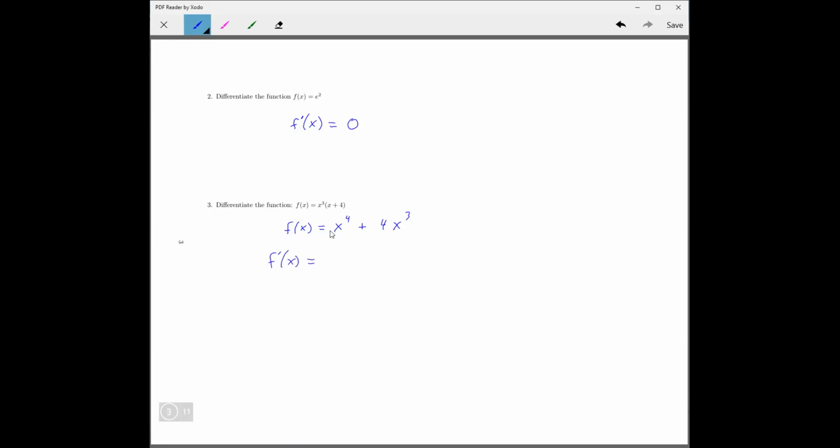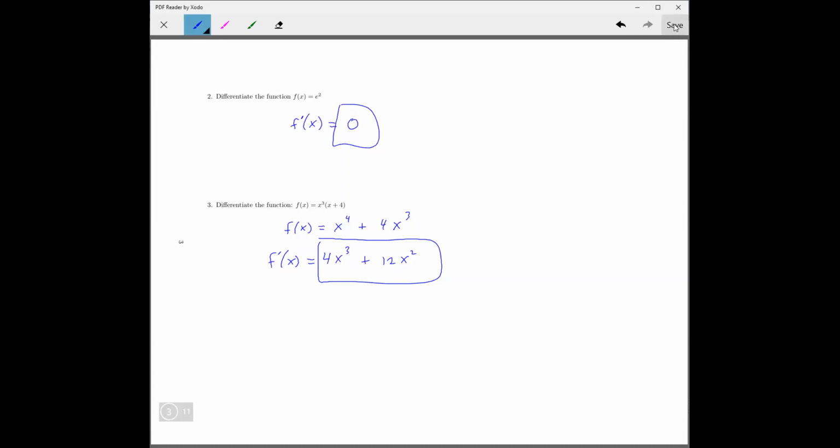With this first one, the 4 comes down, and this x is dropped by 1 to 3. Here, the 3 comes down. 3 times 4 is 12. And then this is dropped by 1 to x squared. Okay, so that's going to be the answer to that one, and that's the answer to that one.